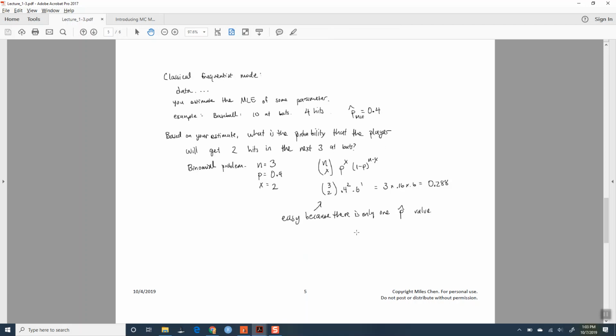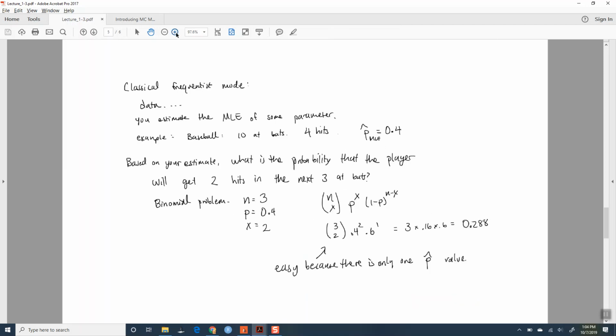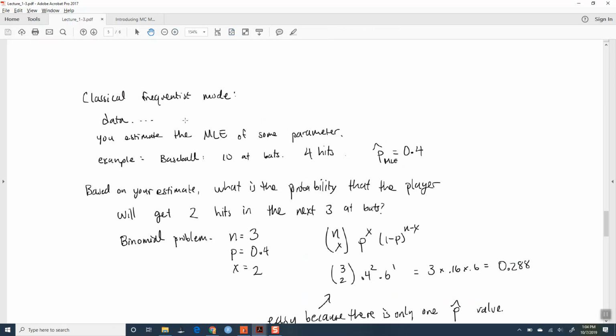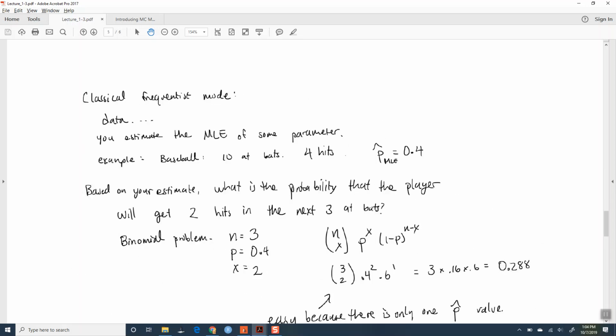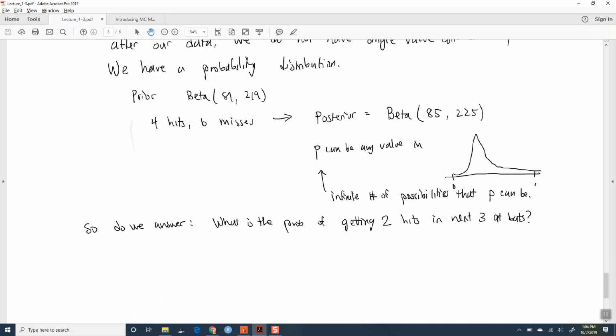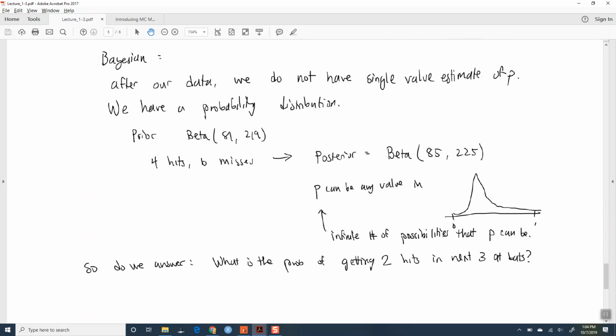We said let's say we're talking about this baseball player who had 4 hits out of 10 at bats, and we don't know what his true batting average is. In Bayesian statistics, all we can do is say this player's batting average follows this probability distribution.